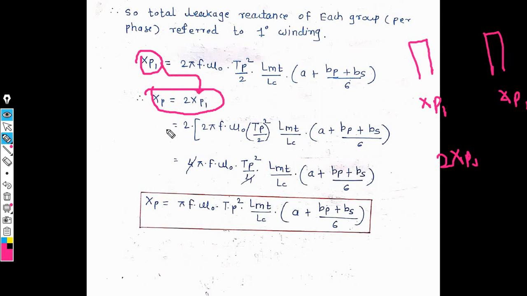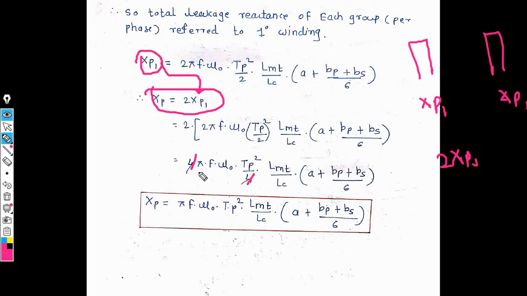Then Xp is equal to 2 into this value as it is, that is 2 into bracket 2 pi f into mu 0 into Tp square upon 2 into LMT upon LC into A plus Bp plus Bs upon 6. Then 2 is multiplied here, 2 into 2 is 4, and Tp square upon 2, so 4 gets cancelled.